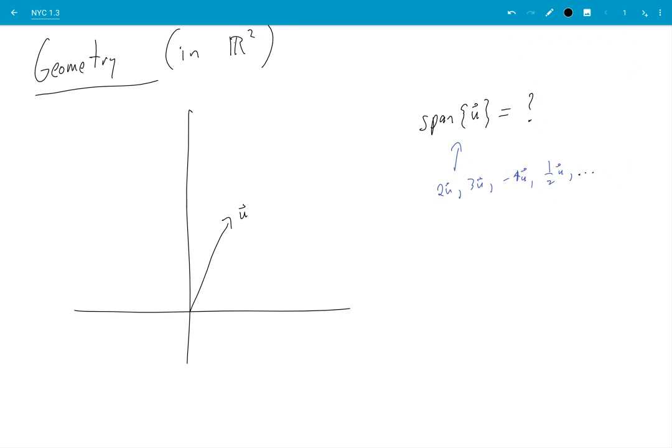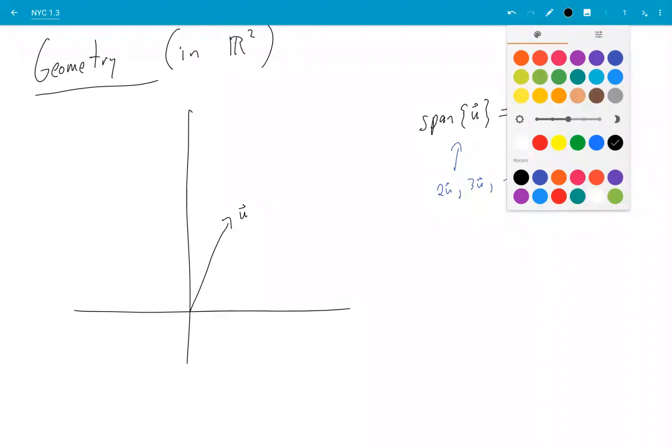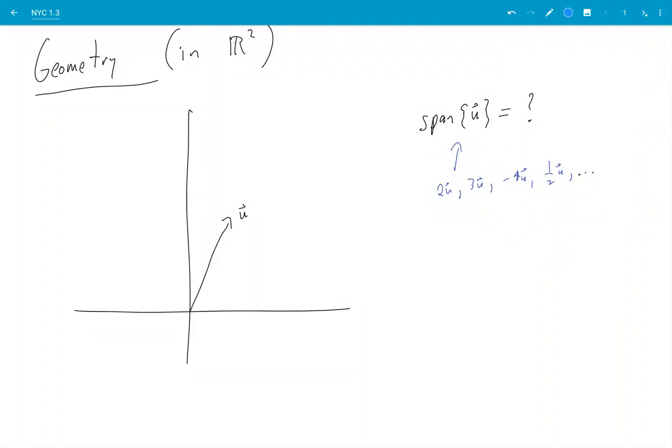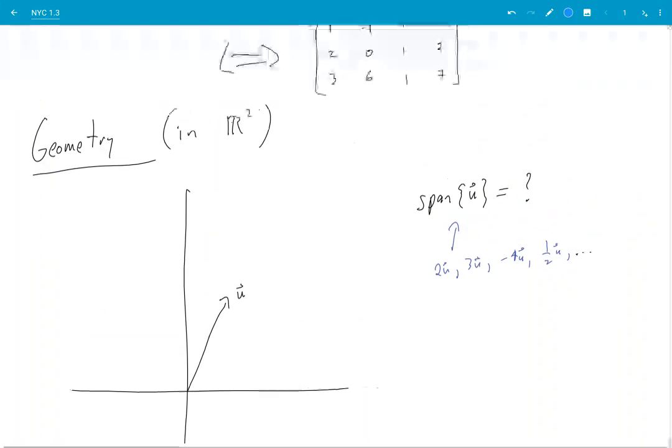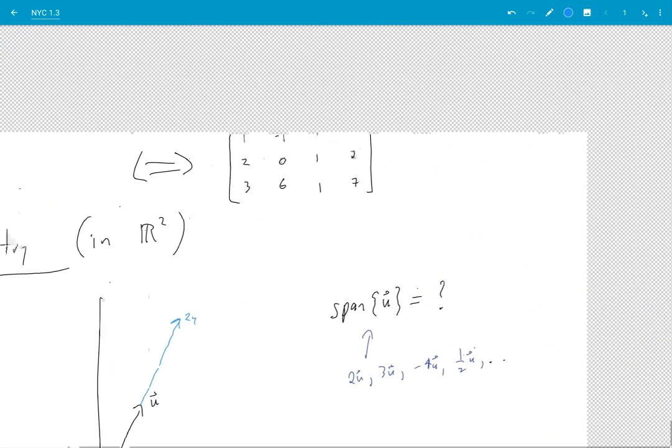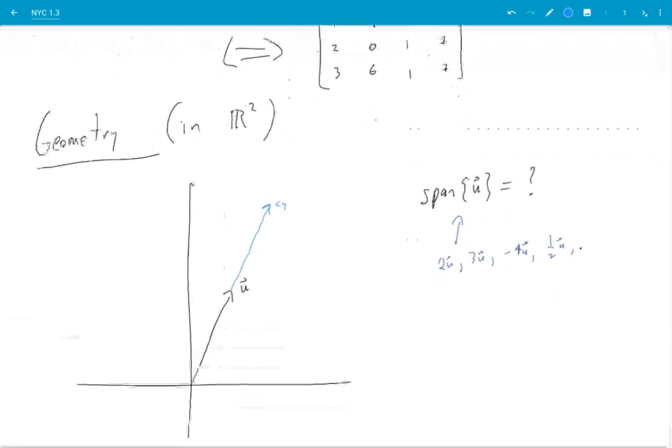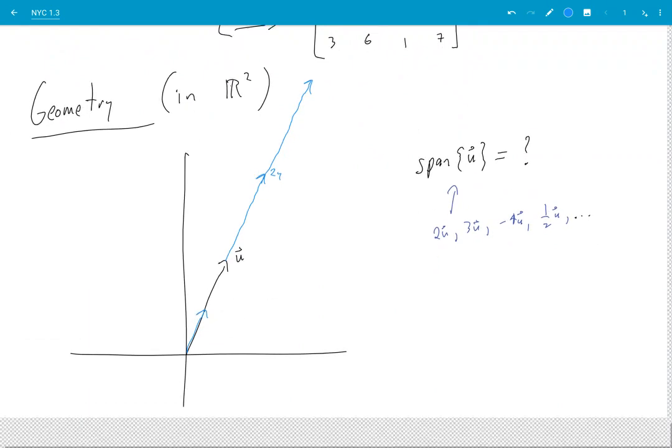So let's go baby sky blue. So 2u would look something like this. 2u would be like this vector, right? 3u would be something like this. A half u would be like this.